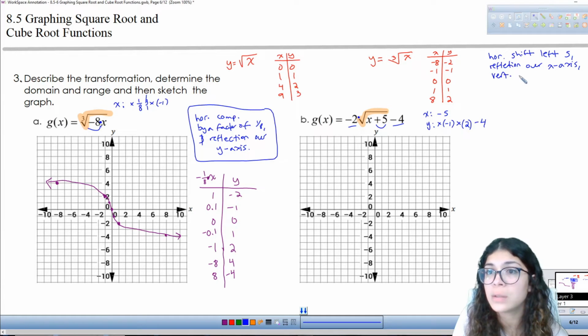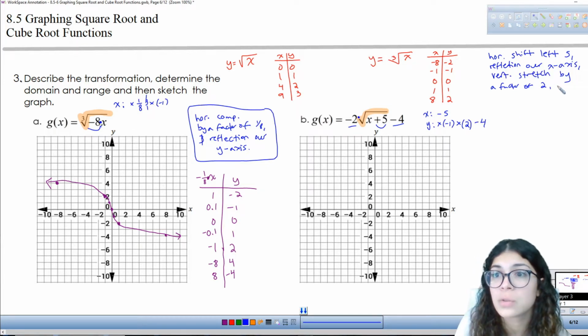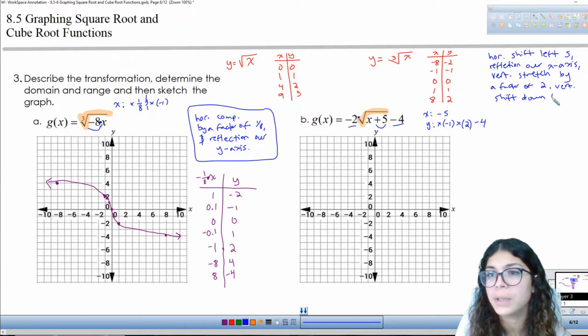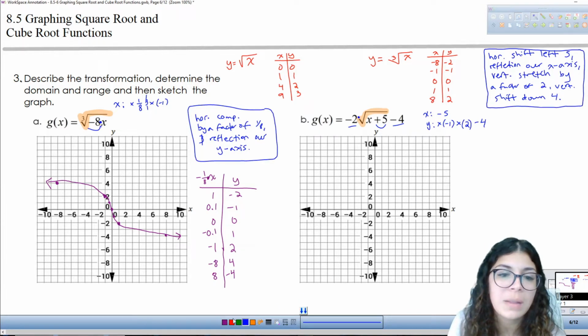It's bigger than 1, so a stretch. And then you just say the factor, by a factor of 2. Lastly, we're subtracting to y, so it'll be a vertical shift. Subtracting, so down. And the number is 4 units. So that is the description of the transformations that are happening. Now let's go ahead and write our table.